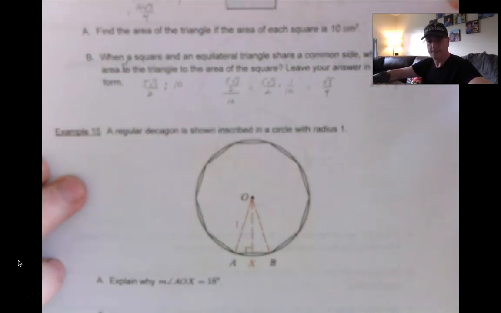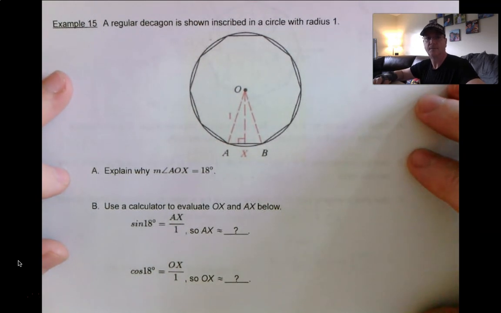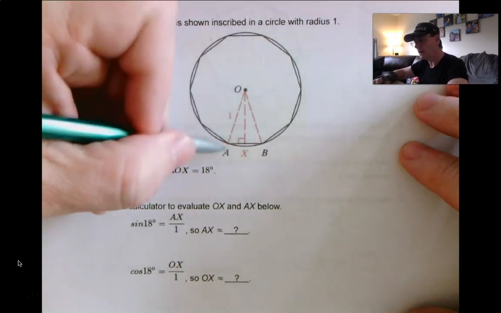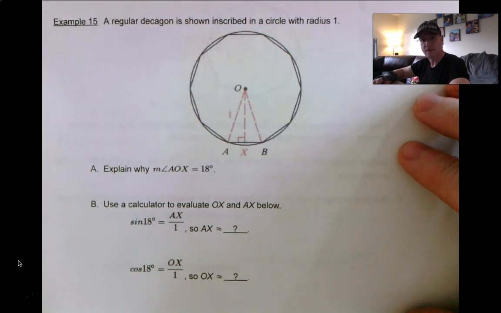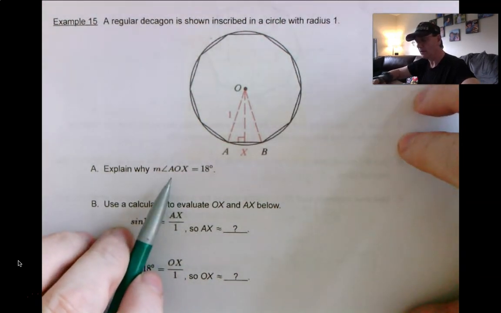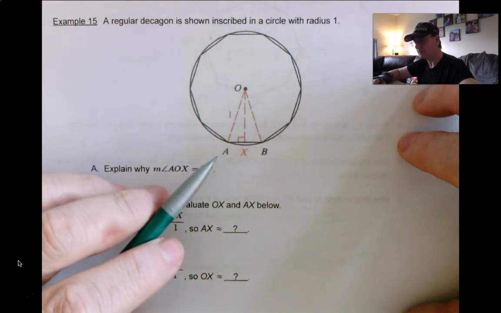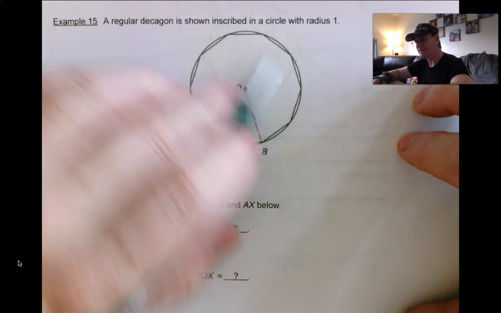Example 15. So the regular decagon is shown inscribed in a circle, and it's got a radius of 1, so AO is a length of 1. Explain why the measure of angle AOX is 18. We've done this a bunch of times today. There are 10 sides.